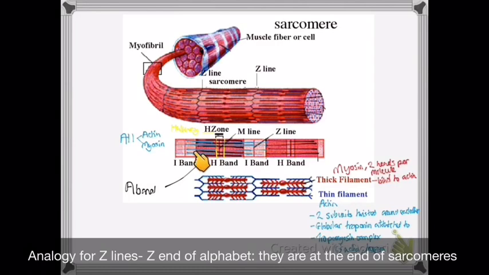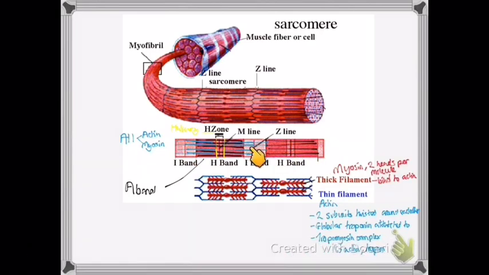Your I bands also decrease in size as the Z lines are being pulled towards the centre of the sarcomere, from both sides, so the I bands decrease because actin is moving in towards the centre. I bands decrease, Z lines move towards the centre of the sarcomere, H zones decrease, but A bands stay the same. Okay, that is all you really need to know on that.